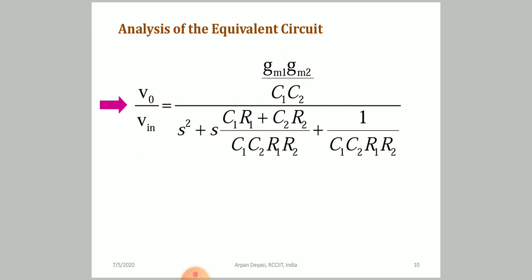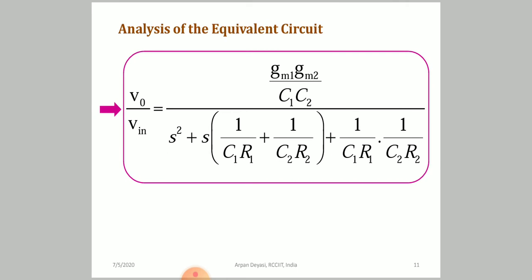And you know that if you get such a transfer function, for s square you will get 2 poles, and that you covered in your undergraduate control system classes. So you know what the things are.